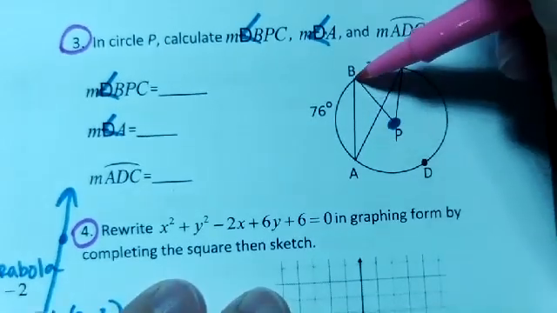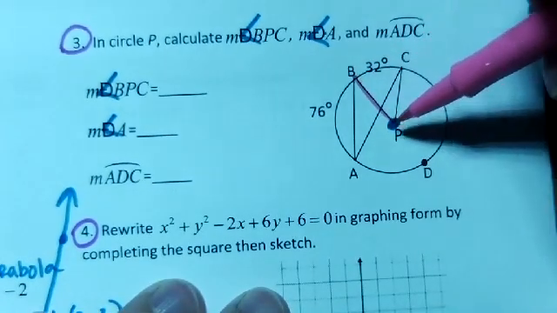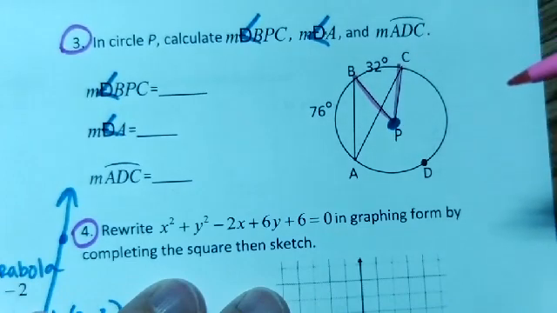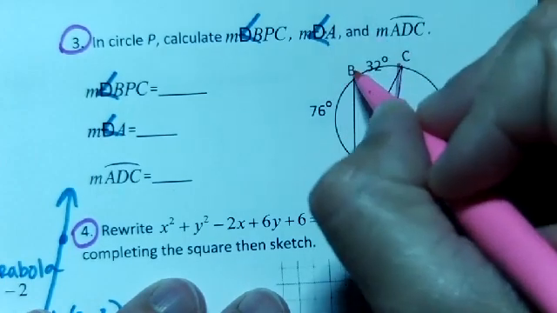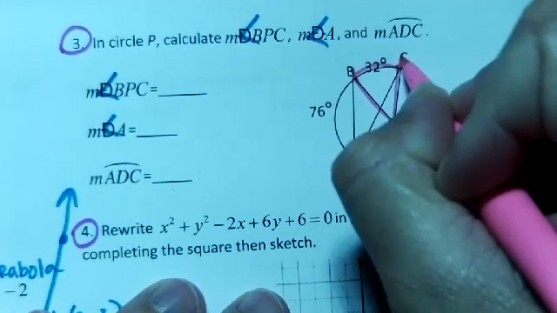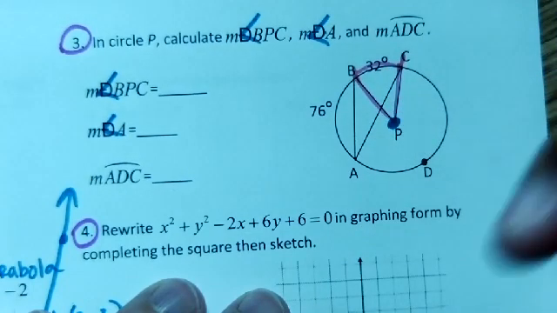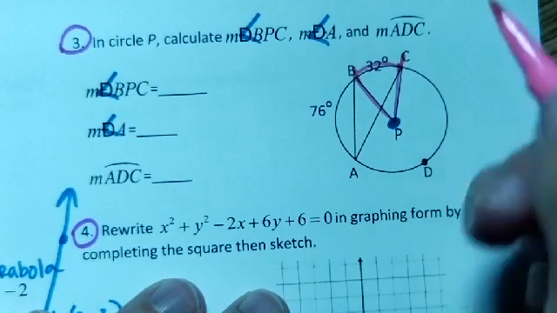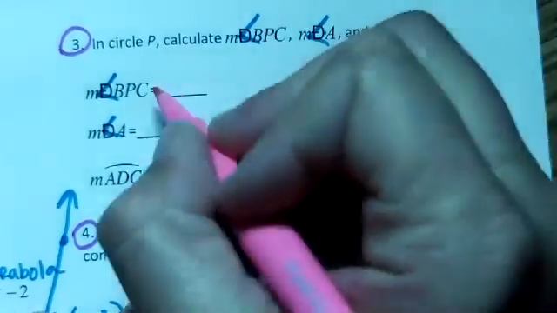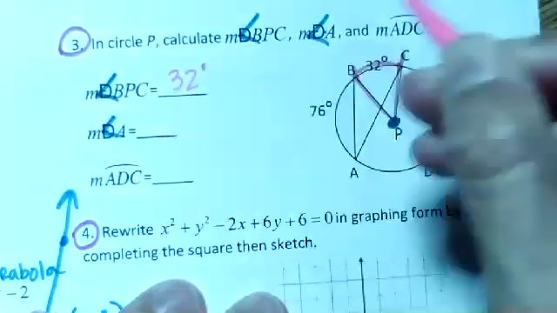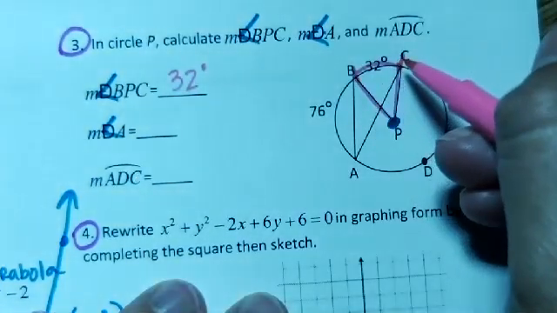So the first thing we're looking at is angle BPC. That's a central angle. We know it's central because it hits the center point, and then it's intercepting that arc. When a central angle is intercepting an arc, it is the degree of that arc. So angle BPC is 32 degrees as well because it's intercepting that arc.